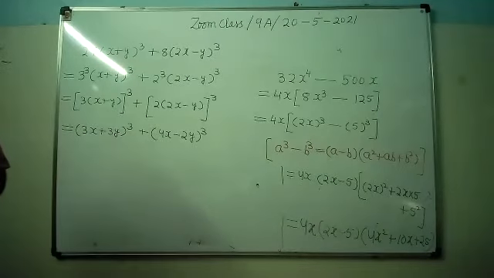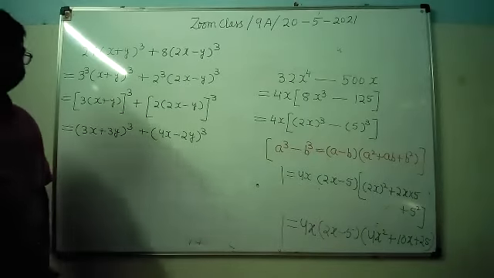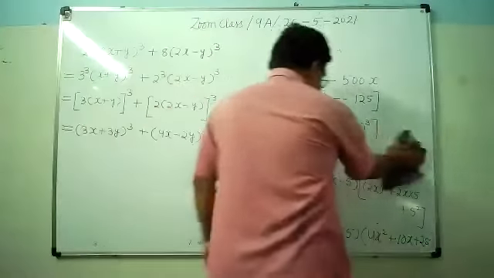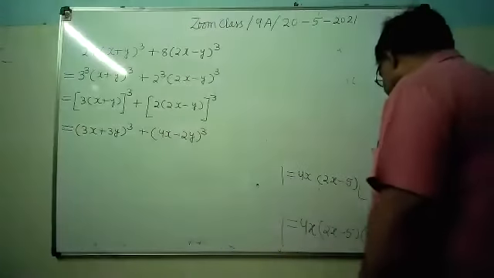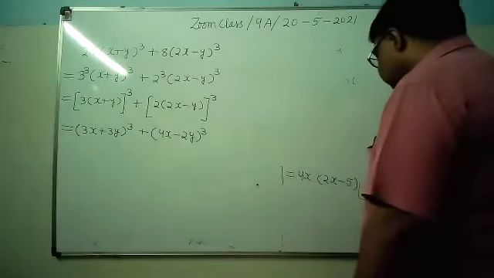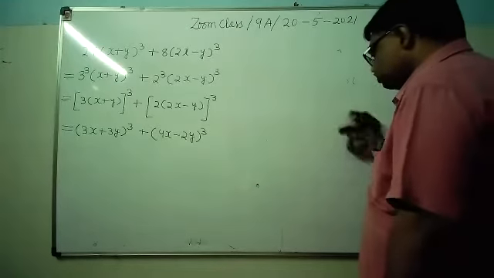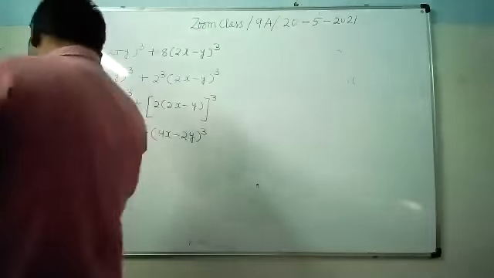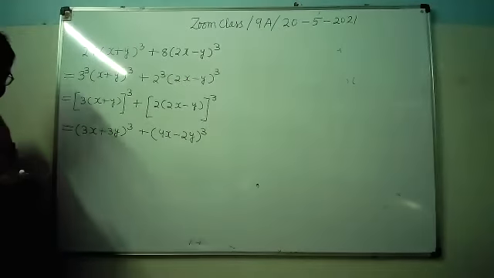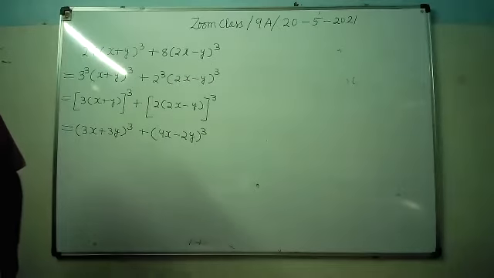Now it is of which form? A cube plus b cube or a cube minus b cube? It is of form a cube plus b cube. What is in place of a? 3x plus 3y.